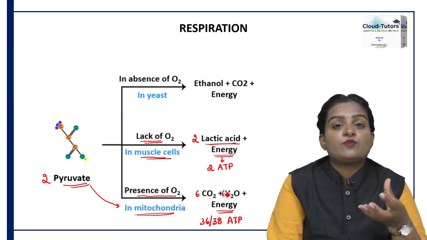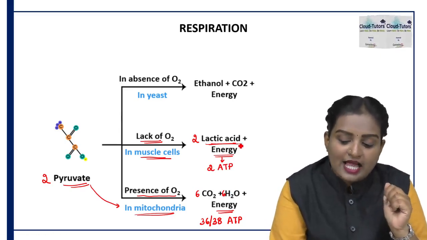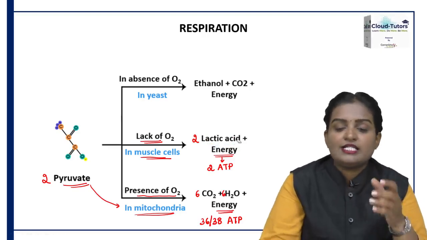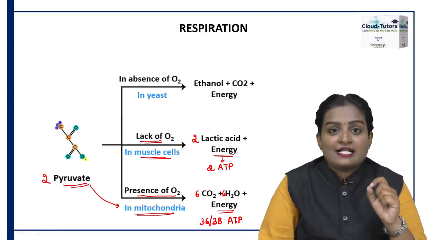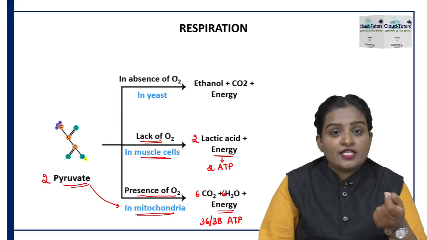Now what happens when muscles are supplied with enough oxygen after some time? This lactic acid will be broken down completely to release carbon dioxide and water. Now this lactic acid accumulation can cause certain effects in our cell.